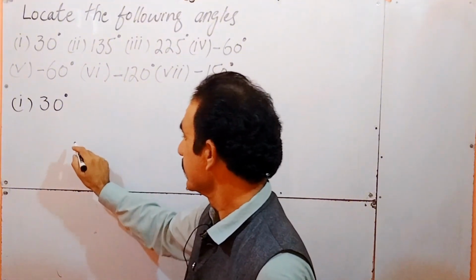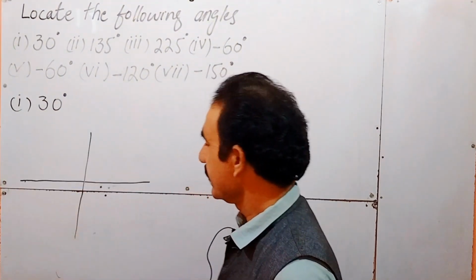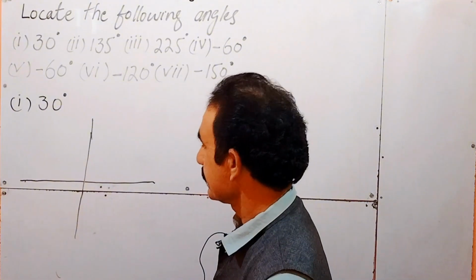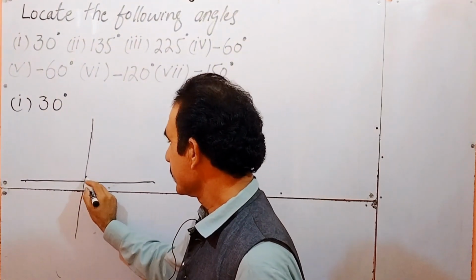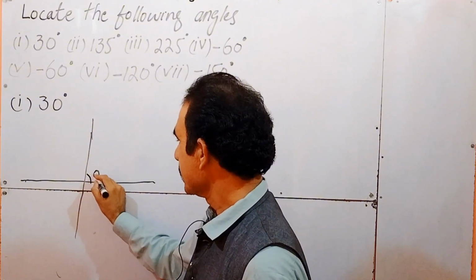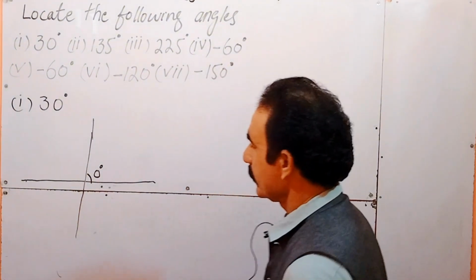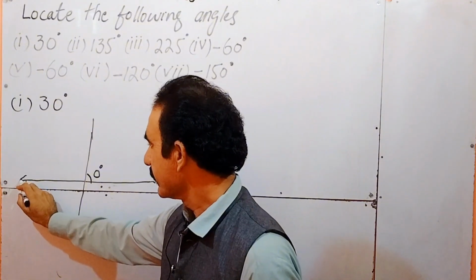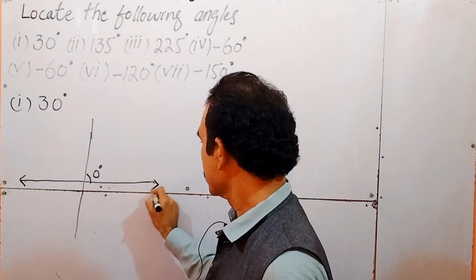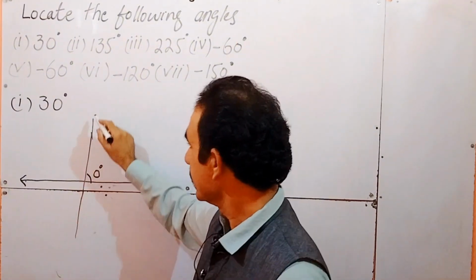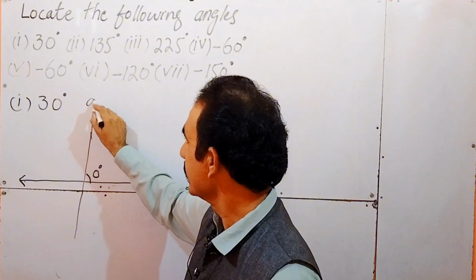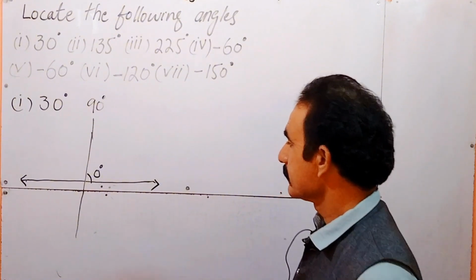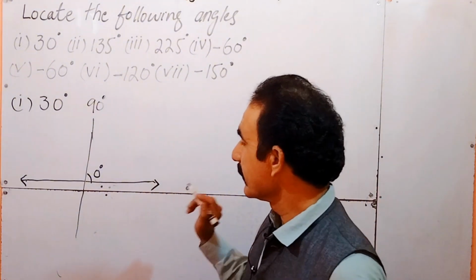You know that in our axis, this is 0 point. Here is angle 0 and that is angle 90. From here we draw.